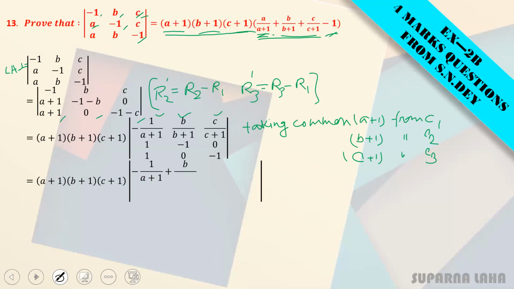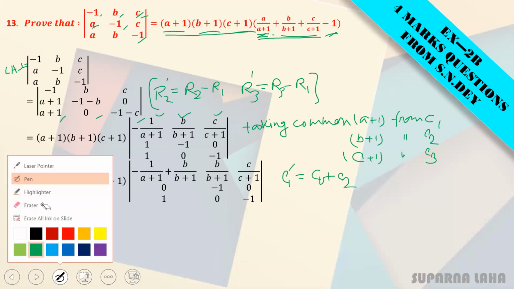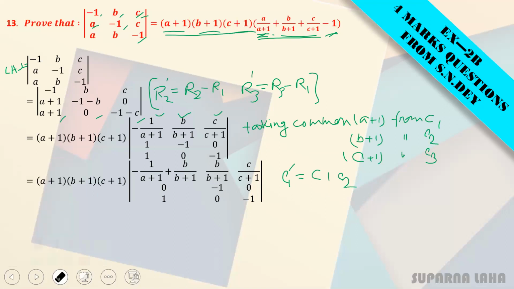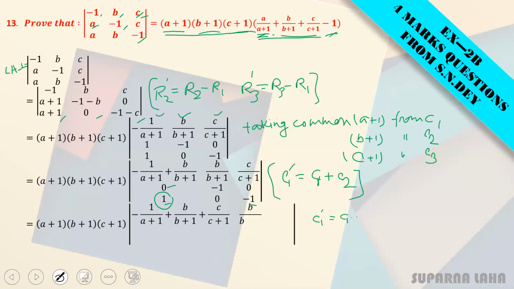Here I am adding the first column with the second column. Just column 1 dash is given by C1 plus C2. This is C1. So C1 plus C2. So applying this operation, you will find this value and this term will be 0. Now if we add the C1 with C3, this term will be 0. So make it 0. So C1 dash is given by C1 plus C3.